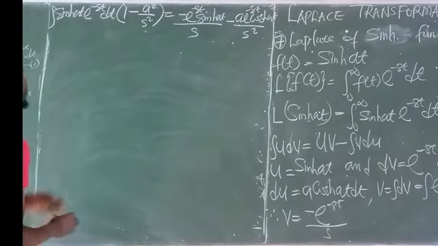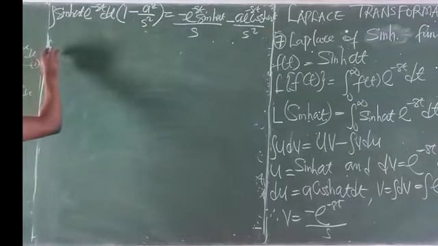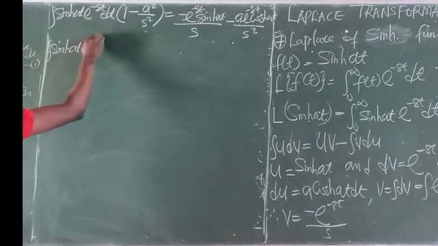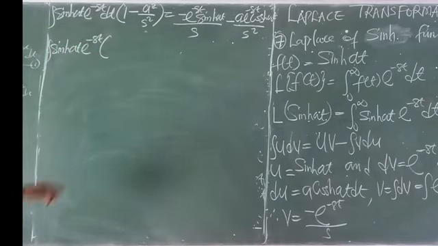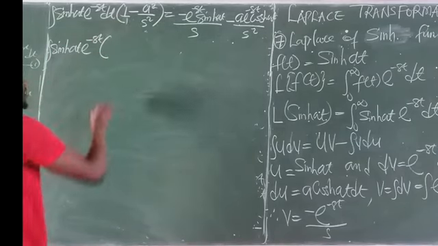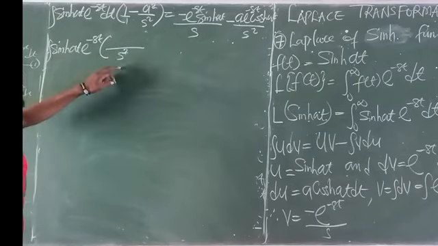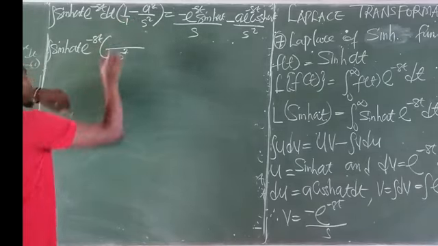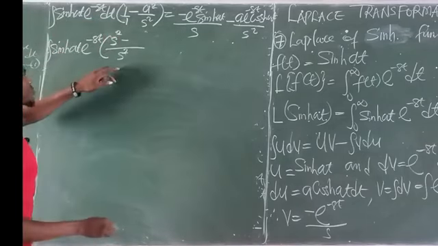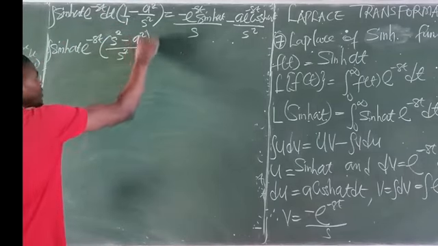Now, what we'll do at this point is rearrange these terms in the bracket. Of course, this 1 can also be written as 1 divided by 1. So the LCM between the two of them is simply s squared. s squared divided by 1 becomes s squared. s squared times 1 gives me s squared, minus s squared divided by s squared is 1, and 1 times a squared gives me simply a squared.